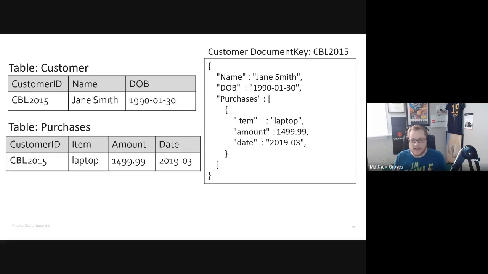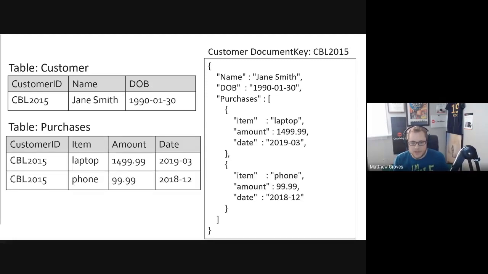It's all there intact in the one document. So if I wanted to evolve that value and add a second purchase item, in the relational model, it's a second row of data. So now we have 3 rows across 2 tables. With the document, we still have just the one document, but that document itself has an array that contains the different items that I've purchased.